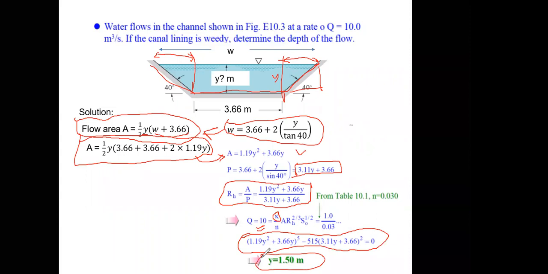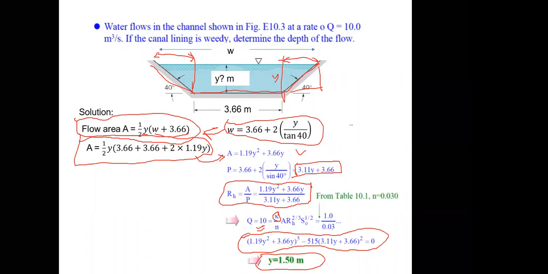So this will give you, if you have a certain geometry of the channel and you want to have a certain discharge, then you need this height. So that's an example of the use of the Chezy-Manning equation on this one.